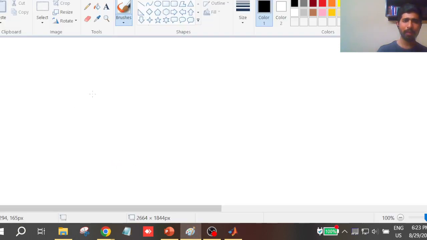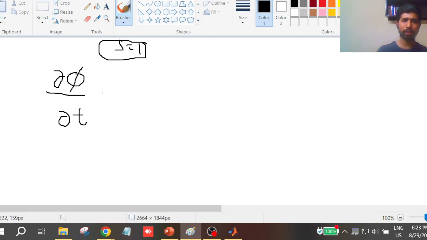So mainly I'll be trying to solve this particular equation: dou phi by dou t, and anyway rho is 1 in that equation, so I'll just ignore the rho here, plus U into the gradient of phi.